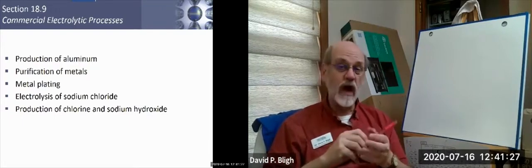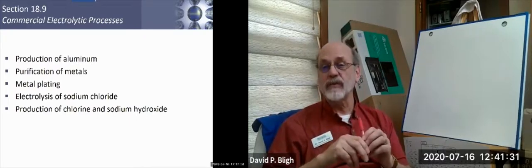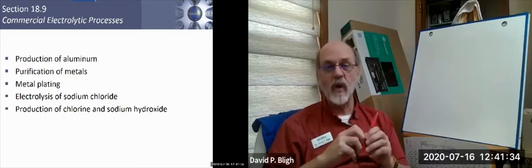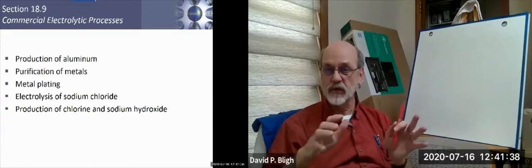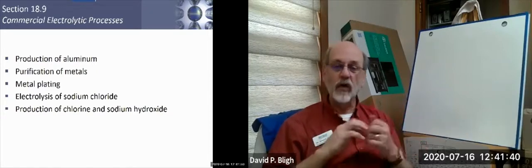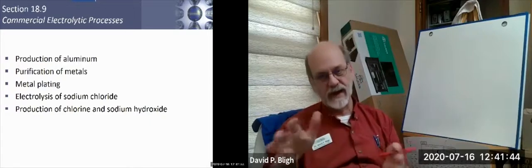Eventually, if you want to use copper for conducting electricity, it needs to be very pure. Copper wires in your house have to be 99.999% pure copper. The only way to do that, the only economic way, is by electrolysis.